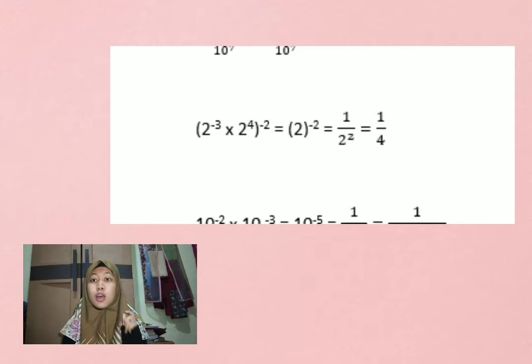Number 3, 2 raised to minus 3 times 2 raised to 4 in parentheses raised to minus 2 equals 2 raised to 1 in parentheses raised to minus 2 equals 2 raised to minus 2, or 1 over 2 raised to 2 equals 1 over 4.